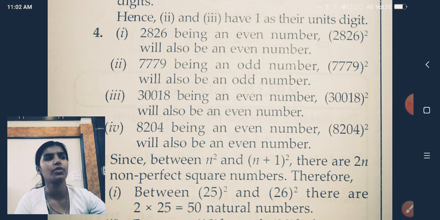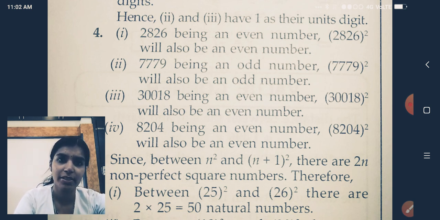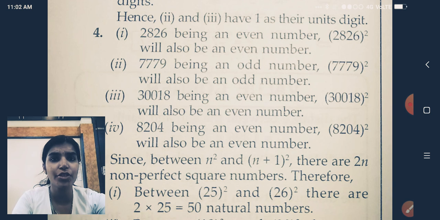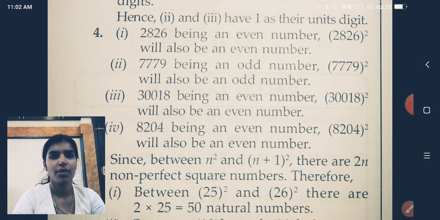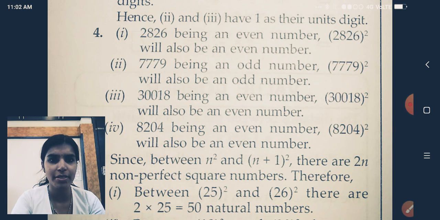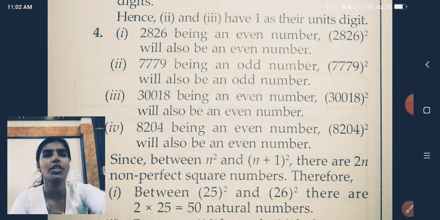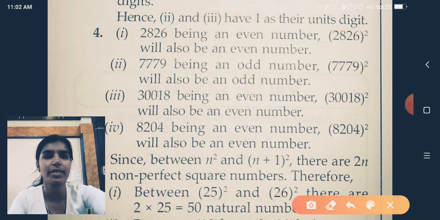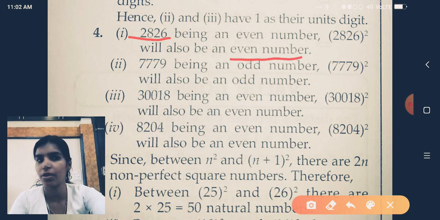Determine whether the squares of the following numbers are odd or even. You just have to check: if the number is odd, then the square of that number is also odd. If the number is even, then the square of that number is even. Your first example is an even number, so the square is also an even number.